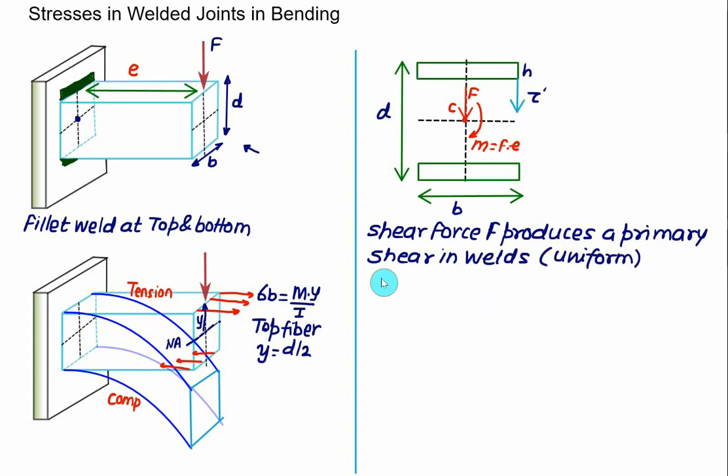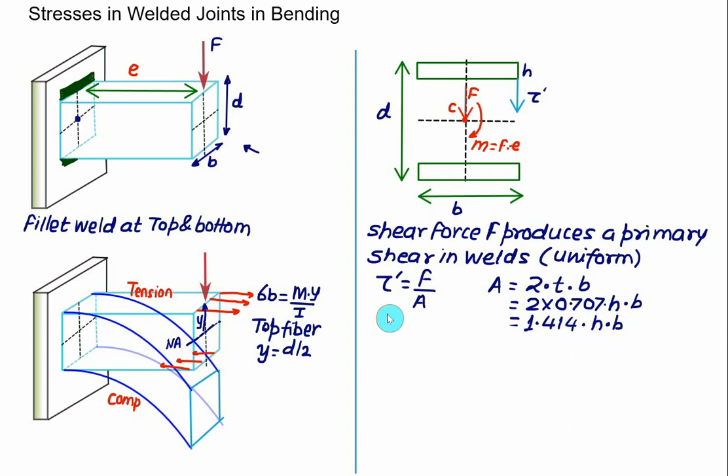So the primary shear stress is due to the shear force F divided by area A. The total area A on the top and bottom will be equal to 2 times the throat thickness multiplied by the length of weld, that is B, which is equal to 2 times 0.707 multiplied by leg size H multiplied by width B, which is equal to 1.414 times H multiplied by B.